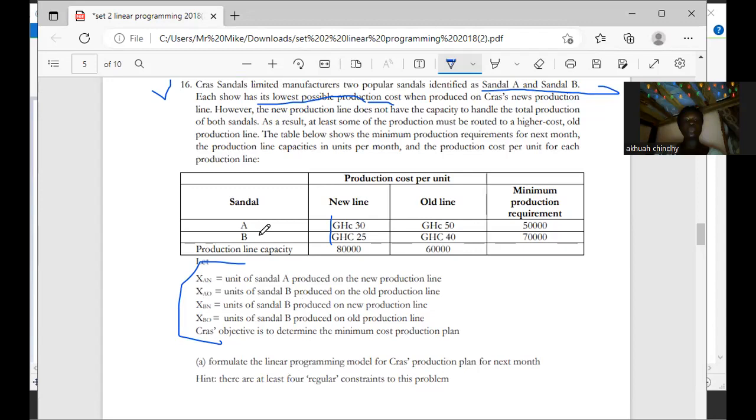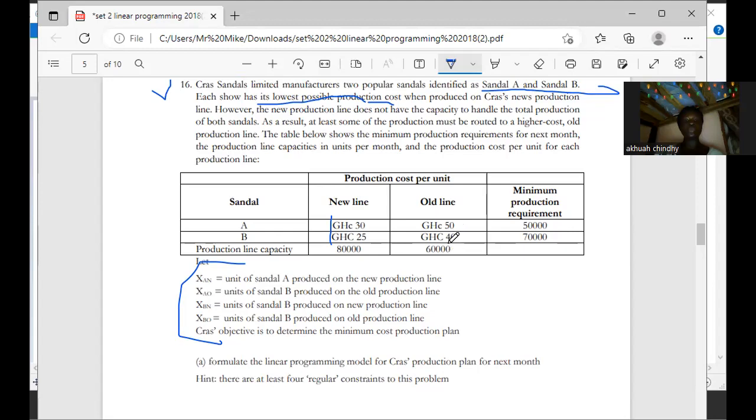Here, sandals A on the new is contributing 30. So this XAN is contributing 30 to the objective function. XAO is contributing 50 to the objective function. XBN is contributing 25 to the objective function. And XBO, sorry, is contributing 40 to the objective function.